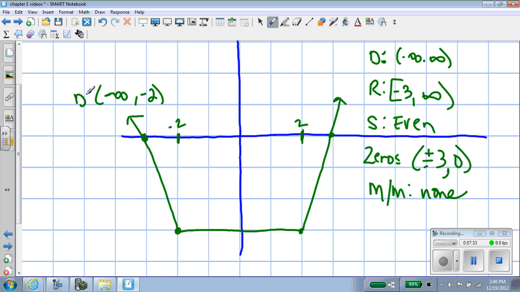So they're decreasing. From -2 to 2, from here to here, they're constant. And then from 2 to infinity, they're increasing. Okay, so this is the story of the graph. As we're walking along, they're decreasing, constant, and then increasing.